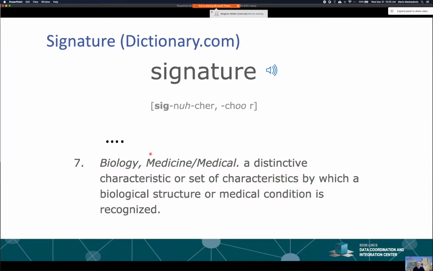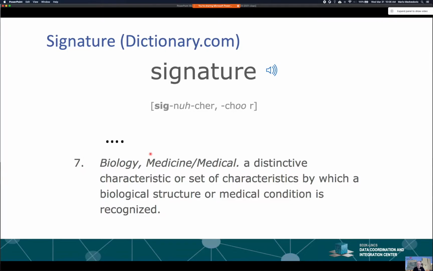So I went back to the actual basic definition of what a signature is, what characteristics anything has to have in order to be called a signature. And actually there is a biology and medicine centric definition, and it states that it's a distinctive characteristic or a set of characteristics by which a biological structure or medical condition is recognized.